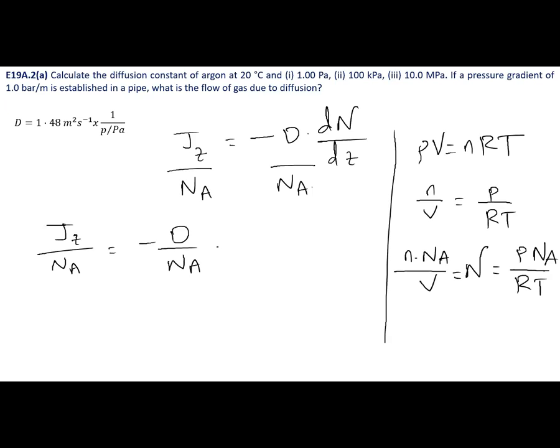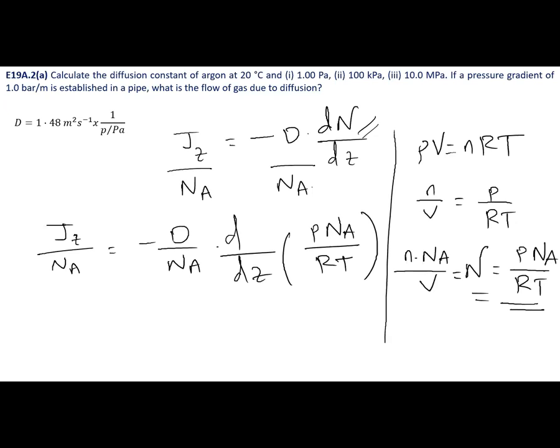Since we multiplied N_A on the left hand side, we have to do the same thing on the right hand side. So I got this equation, number density is equal to this. So I can replace this term instead of number density. So it becomes d over dz times P N_A over RT.